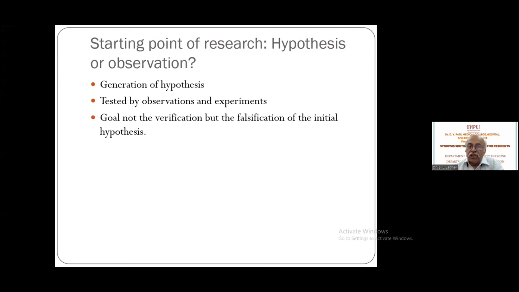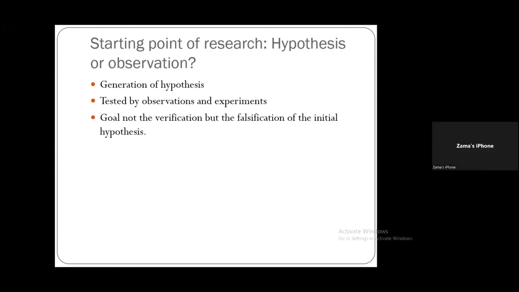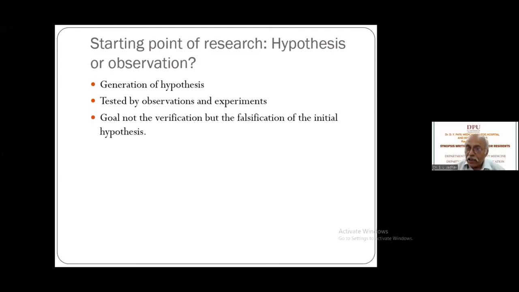So these are tested by observations. And this hypothesis testing in empirical research, you cannot prove it, but you can disprove it. So we try to first state a hypothesis and then state that hypothesis as a null hypothesis. That is, there is no difference in the 2 groups, and we try to collect the evidence, whatever data we collect, to dispel the null hypothesis.